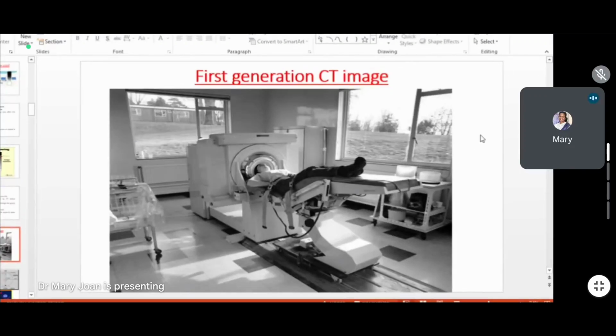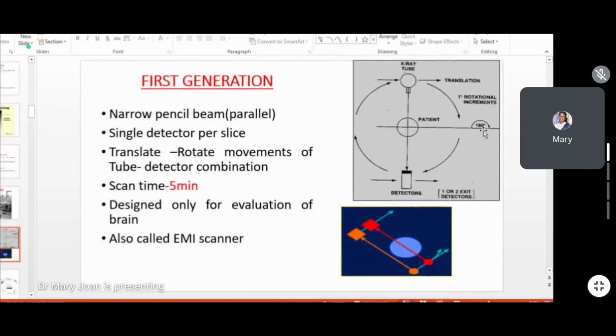So here is an image of the first generation CT scanner. Here you can see the positioning of the X-ray tube, detectors, and where the patient is, and the rotational and translation motions.